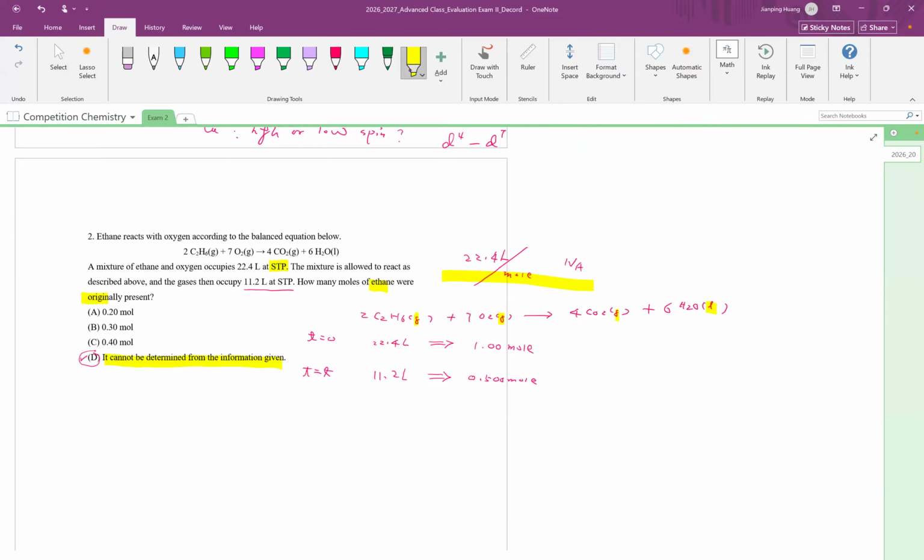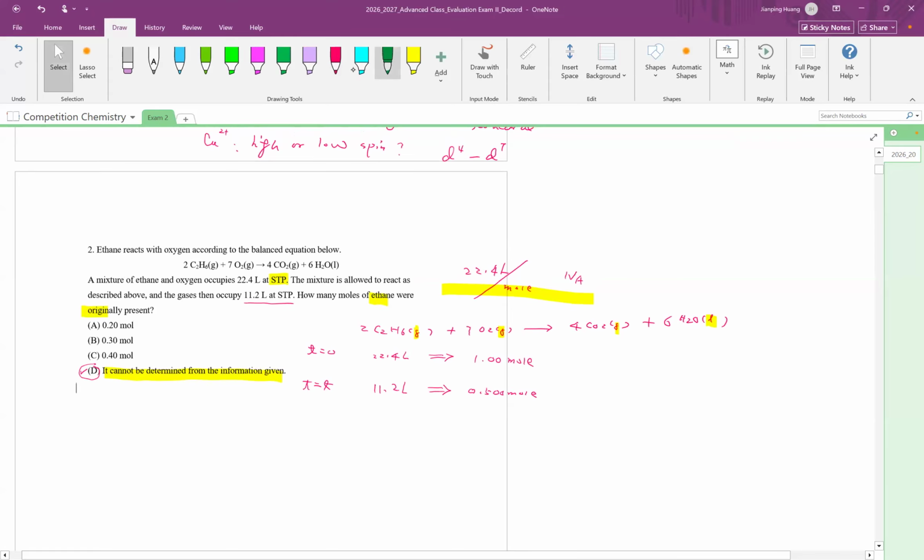Look at the change from initial to the end. Then you can see the amount of substance reduced to 0.500 mole.